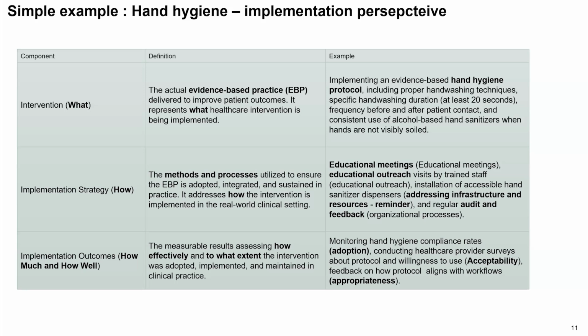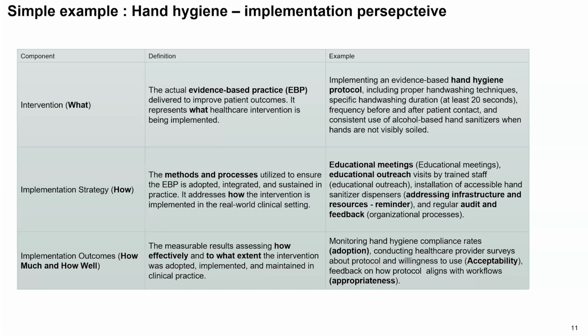I was just speaking to someone in our postgraduate gerontological unit today who was actually an auditor for hand hygiene at her service. So, monitoring hand hygiene, looking at the adoption rates, how often people are using the products, conducting surveys, or looking at willingness for people to use. You might be looking at surveys about the appropriateness of the hand hygiene protocol, and also getting feedback on how the protocol aligns with workflows.